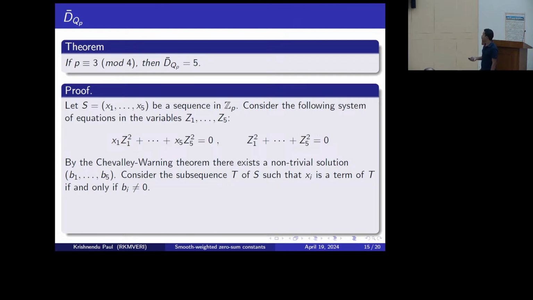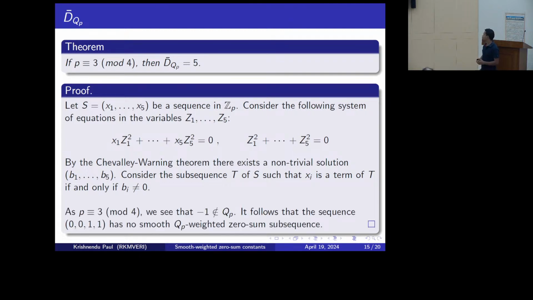Now for the lower bound, we know that for p congruent to 3 mod 4, minus 1 does not belong to Q_p. It belongs if and only if p is congruent to 1 mod 4. Now using the fact that minus 1 does not belong to Q_p, we can show that the sequence 0 0 1 1 has no smooth Q_p weighted zero sum subsequence.